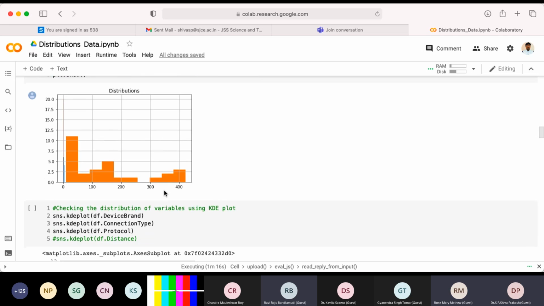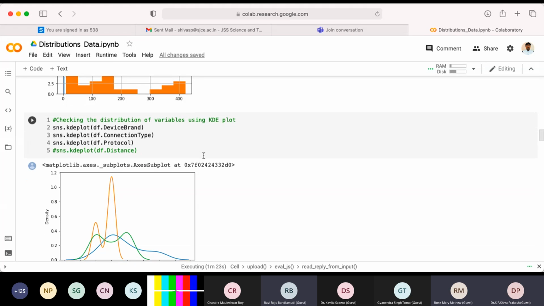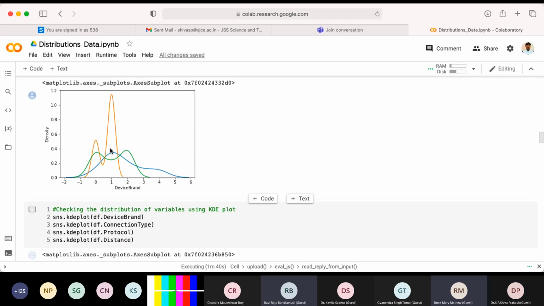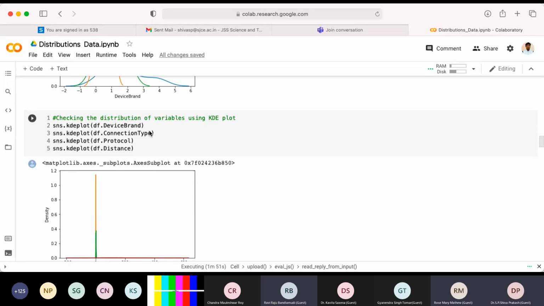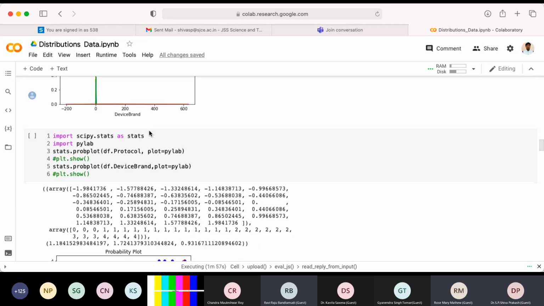And also by using a KDE plot, which is an estimation plot that depicts the probability density function of a continuous or non-parametric data variable. You can observe, for a different set of attributes, what the density is based on the device brand, and similarly cumulative.